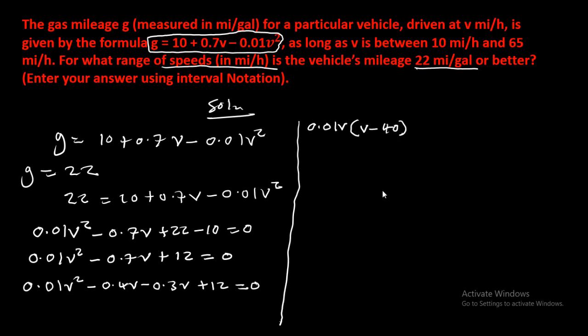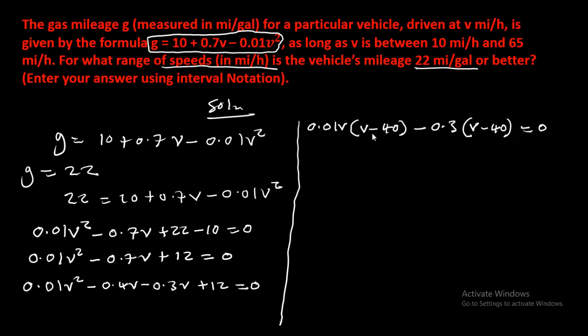Once we do that, we can also factorize the other part, whereby we say negative 0.3 outside, then open bracket, it's going to be v minus 40.